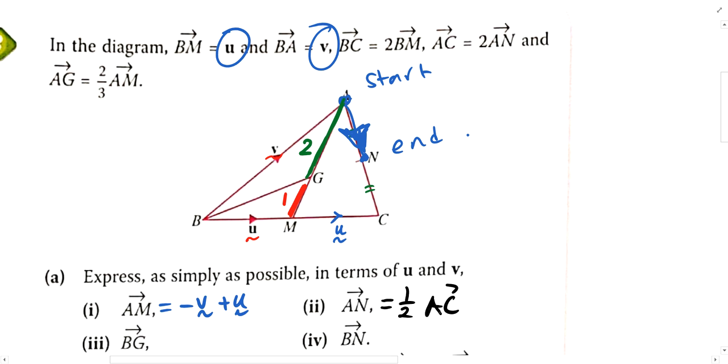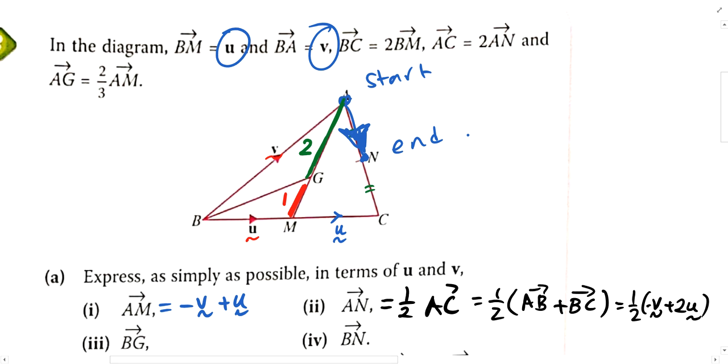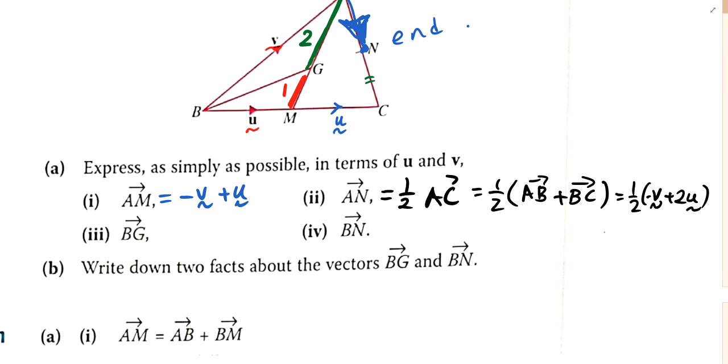This is half of AC. Then AC is actually AB plus BC, which is half of negative V plus 2U. You can leave your answer like that, or you can leave your answer like that. Negative half V plus U. Okay?